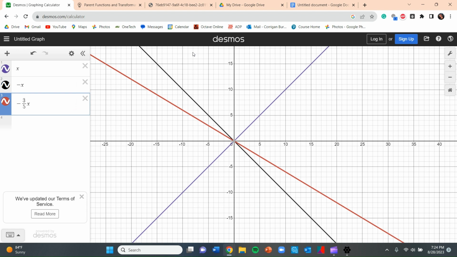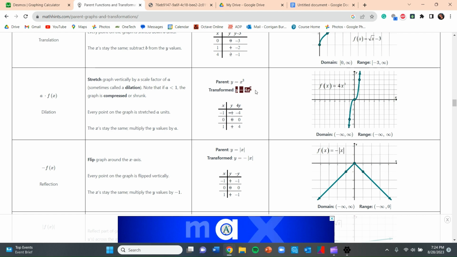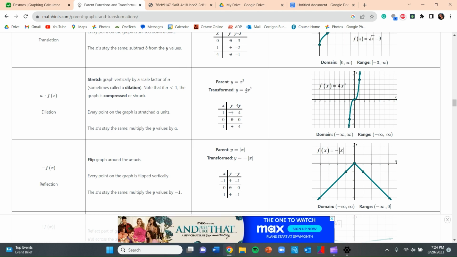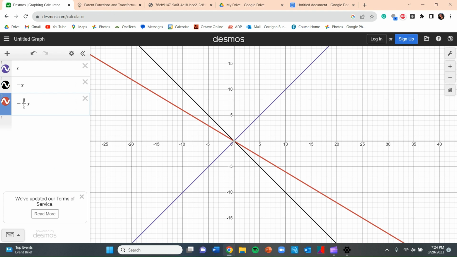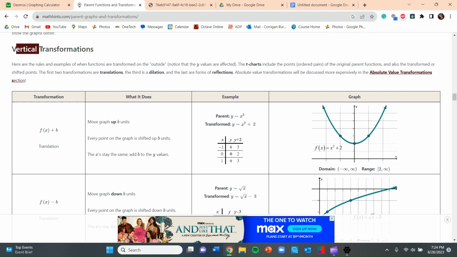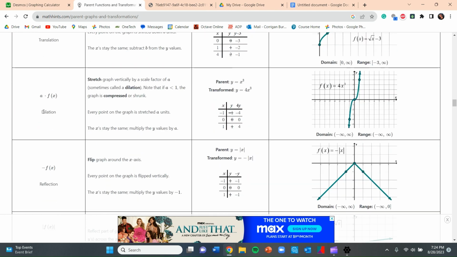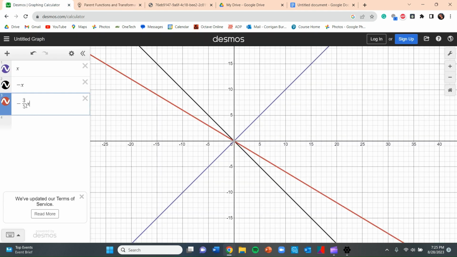So because we have something being multiplied to it, we can look here. We have a similar situation. In this situation, they're multiplying by 4. In our situation, we're multiplying by 3 over 5. So let's see what direction this is in. This is a vertical dilation or a stretch in the vertical direction by a factor of 5 over 3.